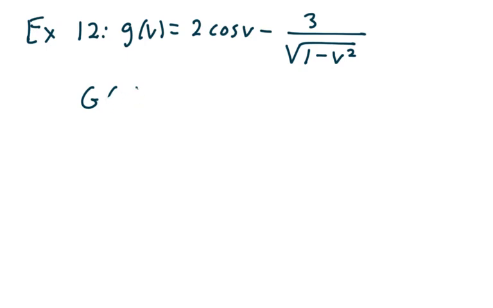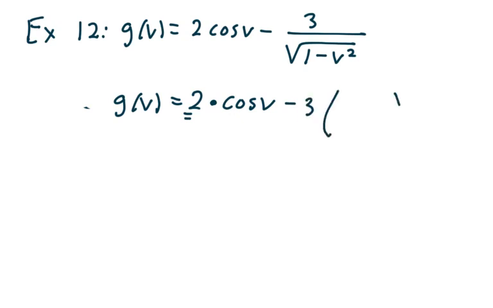Here, I'm going to write it this way first so we can kind of think about this. So g of v, I'm going to rewrite this way. 2 times cosine v. I want the 2 to go along for the ride. And then I'm going to subtract 3 times 1 over the square root of 1 minus v squared.